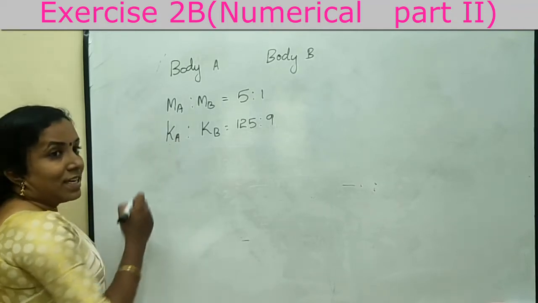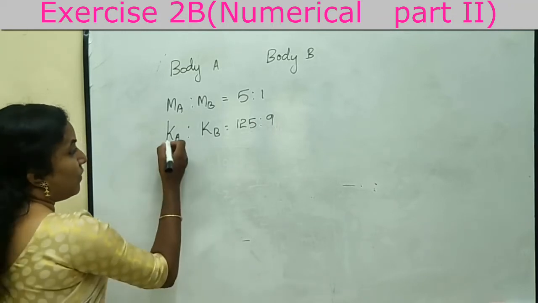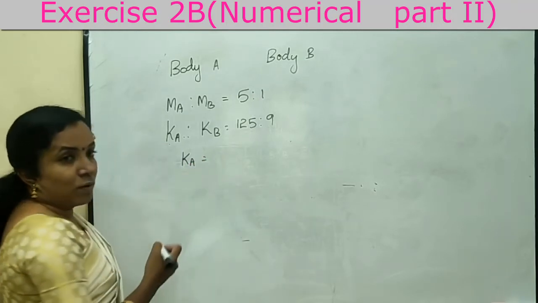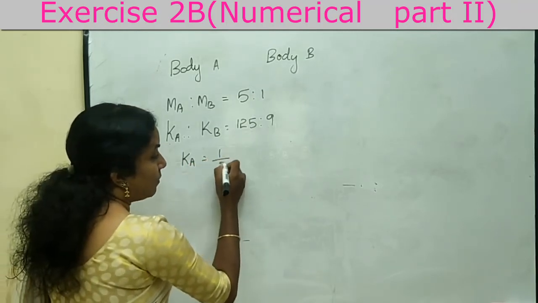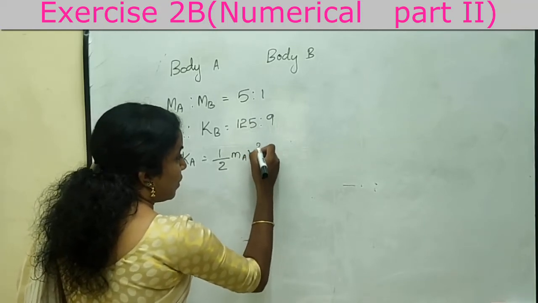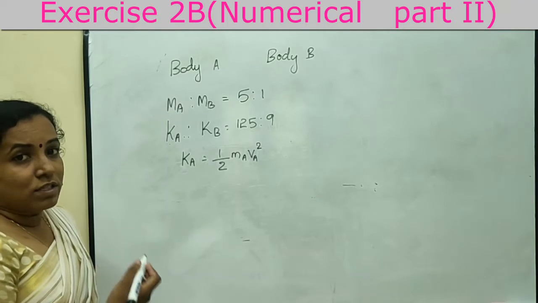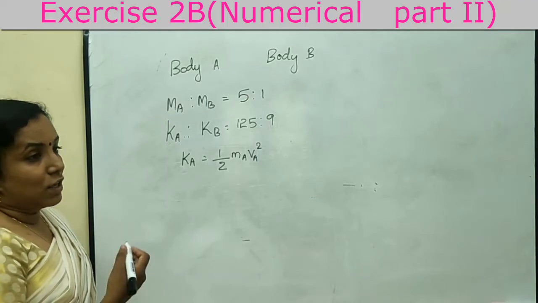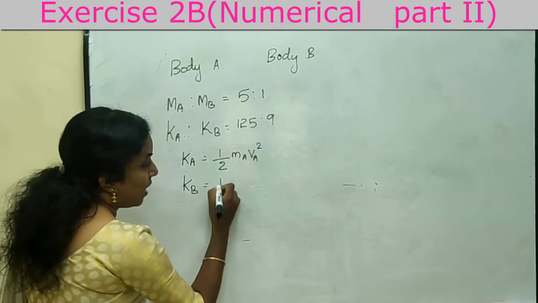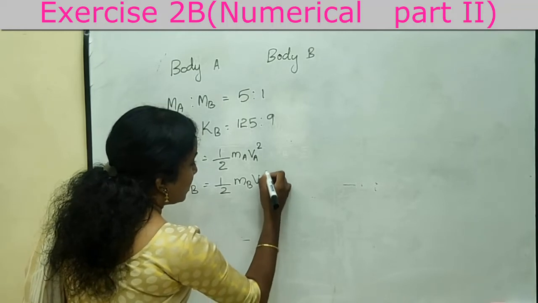What is kinetic energy? It is half m v square. So we can write here Ka is equal to half ma va square, that is mass of the body A into velocity of the body A square. What is Kb? That is half mb vb square.